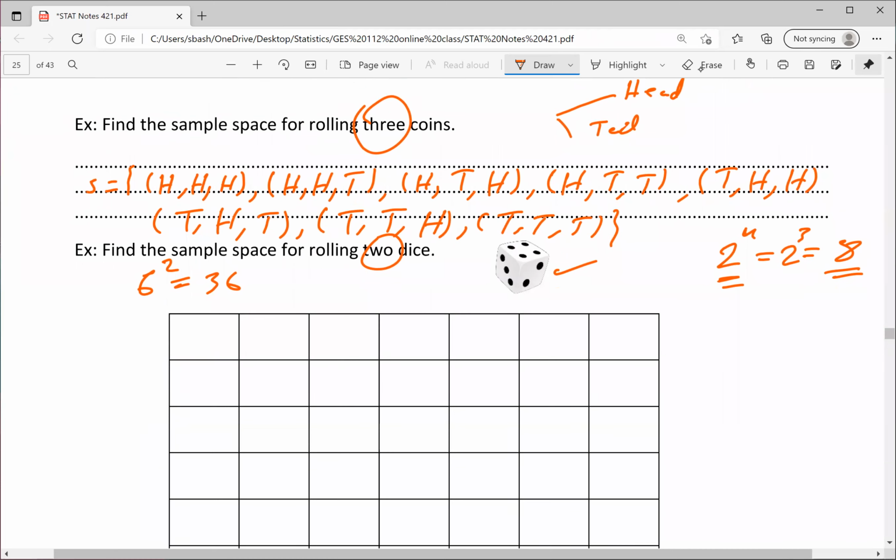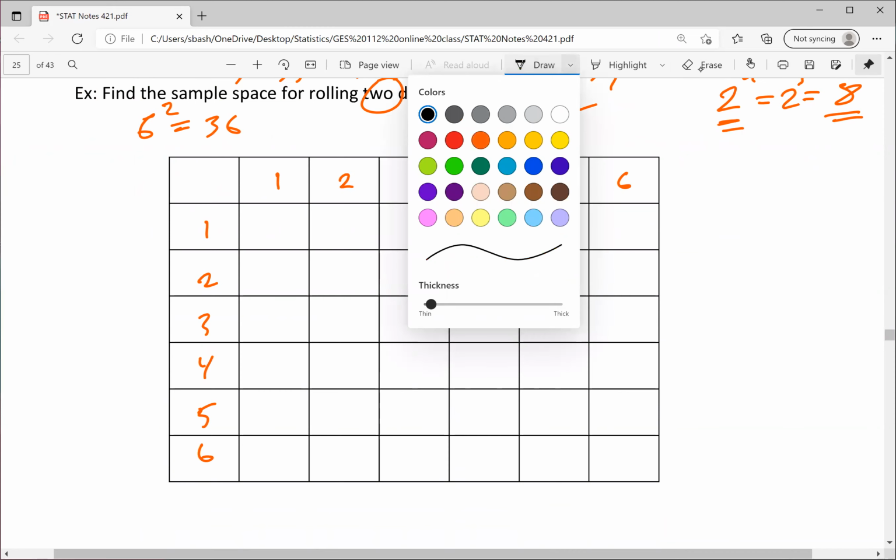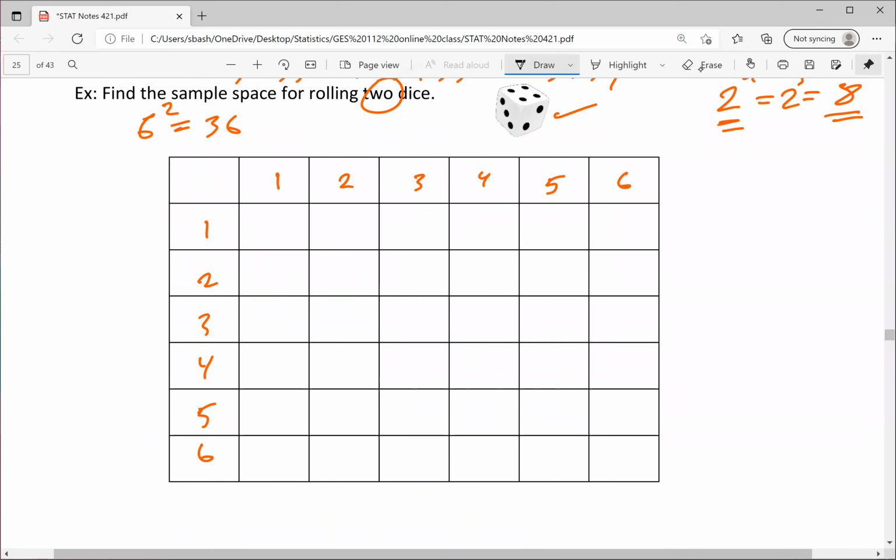For the dice, we know that the numbers on the faces are 1, 2, 3, 4, 5, 6. The second die also has 1, 2, 3, 4, 5, 6. Now the possible outcomes will be: the first one gives me 1, the second one also gives me 1.